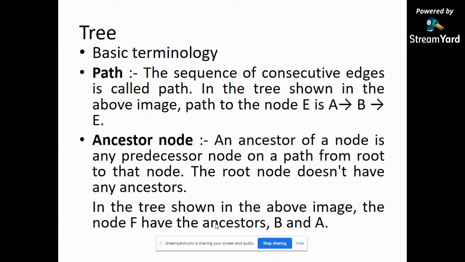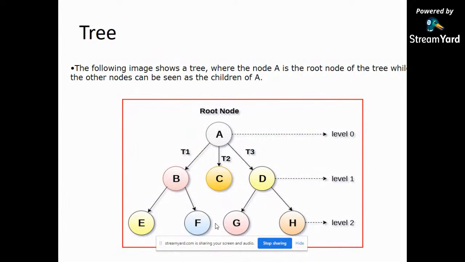Ancestor node. An ancestor of a node is any predecessor node on a path from root to that node. The root node doesn't have any ancestors. Node F has ancestors B and A. These are the nodes connected above the node whose ancestors we are finding.